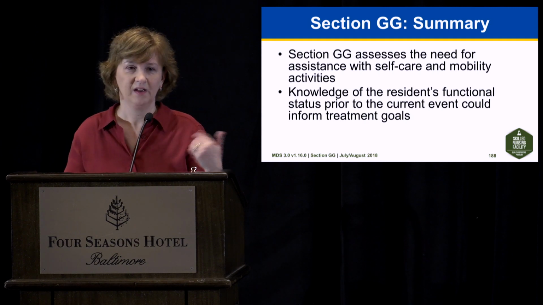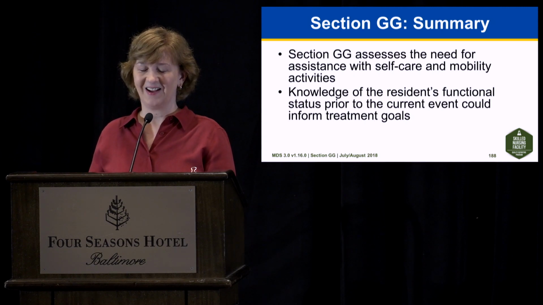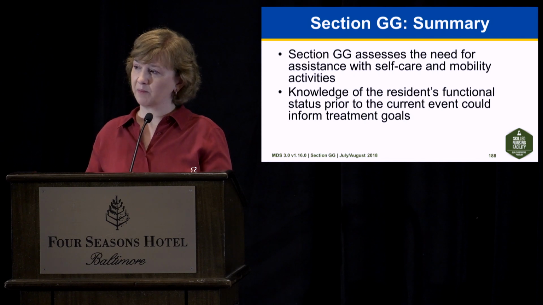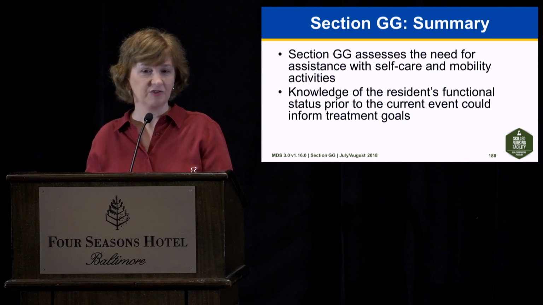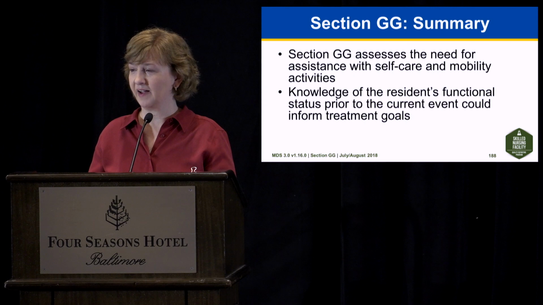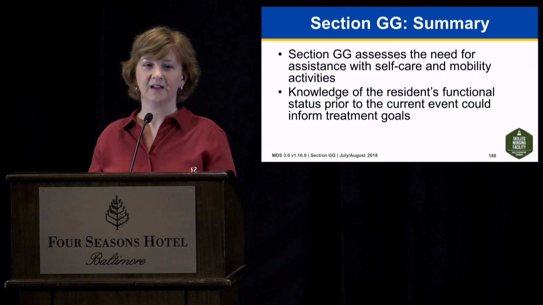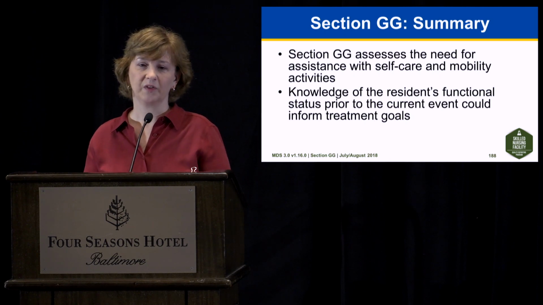So the original work that we did in this area to develop the functional outcome measures, we're using the post-acute care payment reform demonstration data, and we found that prior functioning was a really important risk factor. And so that's why, again, it's being added to the data set. And again, just very important in terms of setting goals with the residents. The expectation for the goals is that they're co-created with the resident.